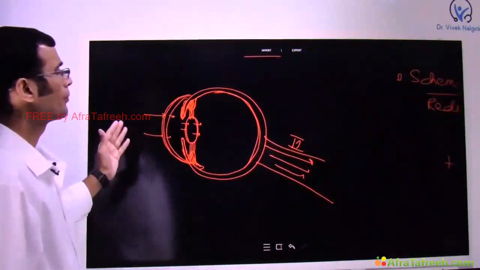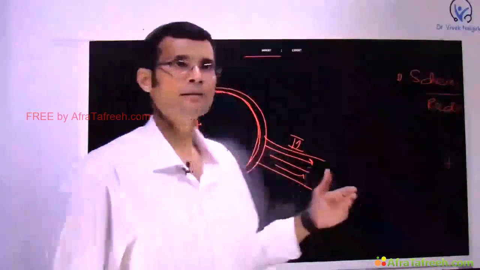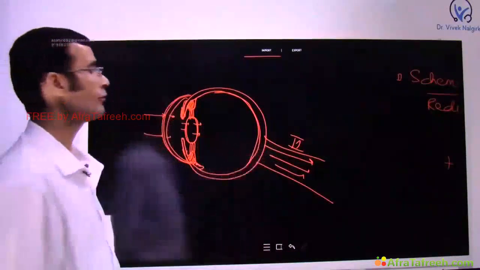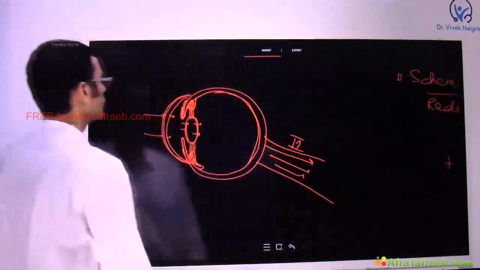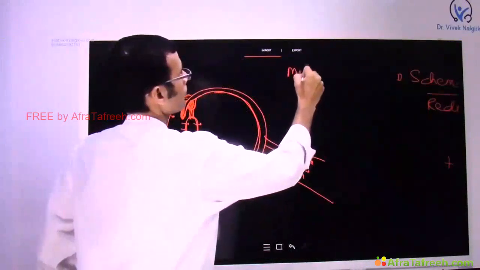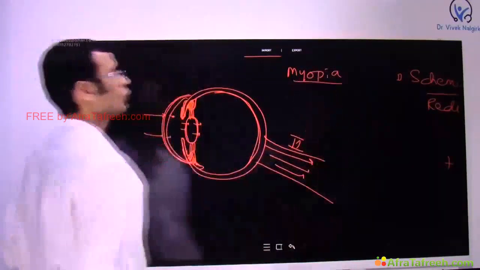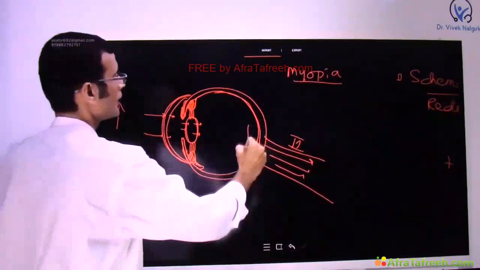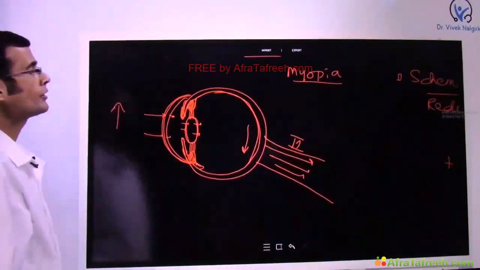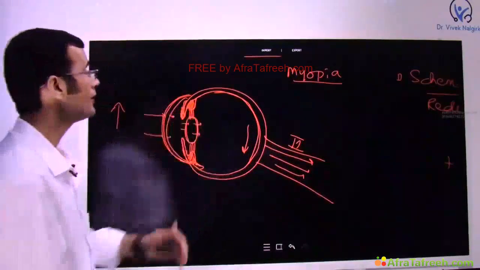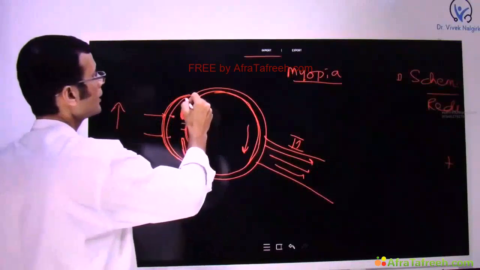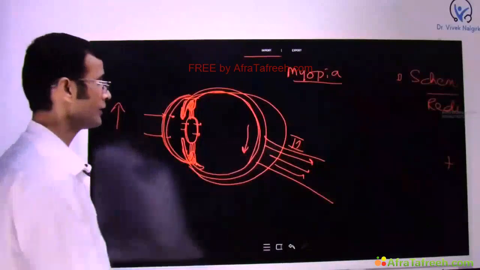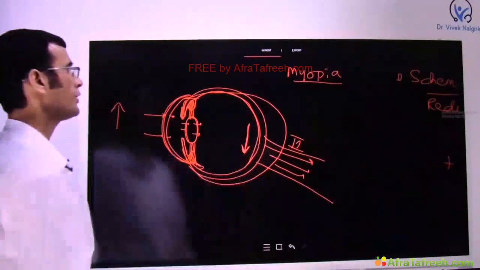Now, image formation has various problems, and these are called errors of refraction. Myopia, or short-sightedness, is when the image is formed in front of the retina, the commonest reason being that the anterior-posterior curvature of the eyeball is increased.